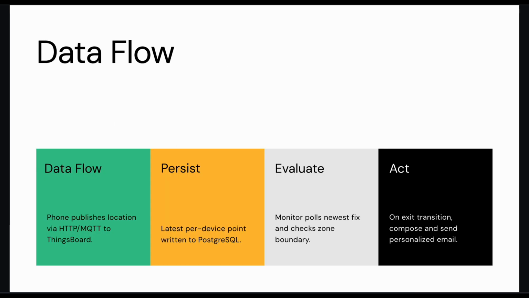Then there is how the data flows. Initially we ingest: the phone publishes location to ThingsBoard over HTTP or MQTT, and we store the latest point per device in PostgreSQL. Then we monitor: we check the latest point against the polygon boundary, and on an exit event we email the mapped recipient.